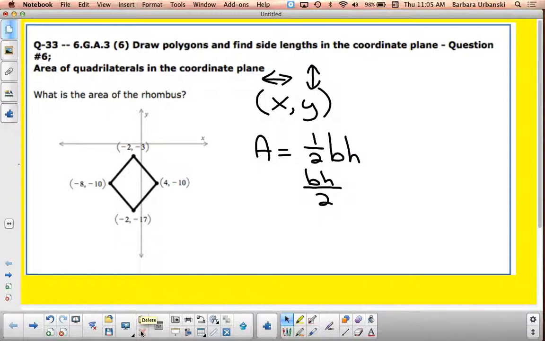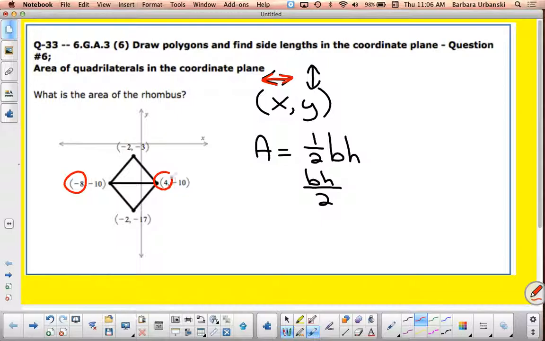And so our goal is to find the length. Again, we're looking at left to right. So what number are we looking at here? If it's left and right, it's going to be the x value. I've got a -8 here, and I've got a 4 here.